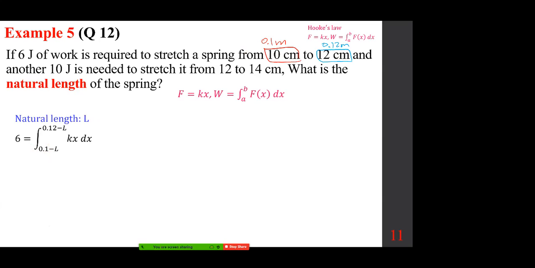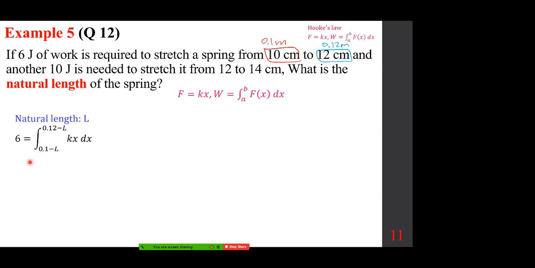If you don't change it and keep it as 10 and 12, it will still work because the top and the bottom both use the same units, even if the units are off.